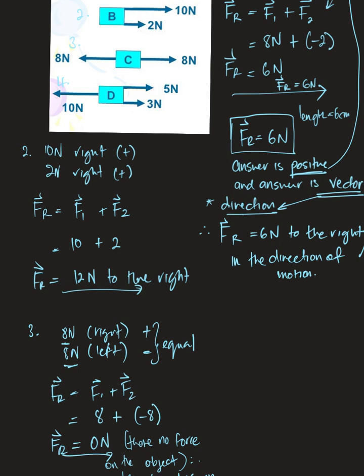Number 4 is a bit different. Just going to do it in another color. Right, number 4. For number 4, I've got 5 newtons to the right, which is going to be positive. I've got 3 newtons to the right, which is also going to be positive. And I've got 10 newtons to the left, which is negative.